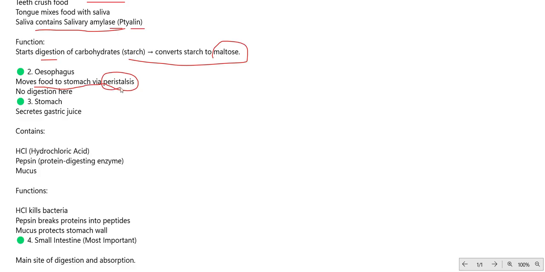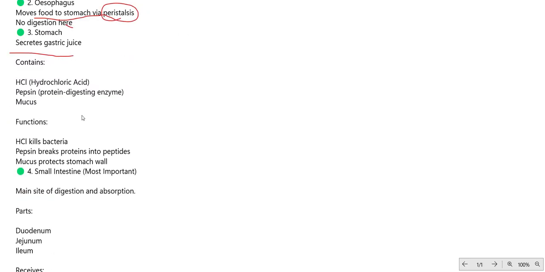Peristalsis is basically the movement of food within these organs, like your esophagus, and no digestion occurs in the esophagus, remember this. Then the stomach secretes gastric juice, which contains HCl, that is hydrochloric acid, pepsin, which is a protein digesting enzyme, and mucus.